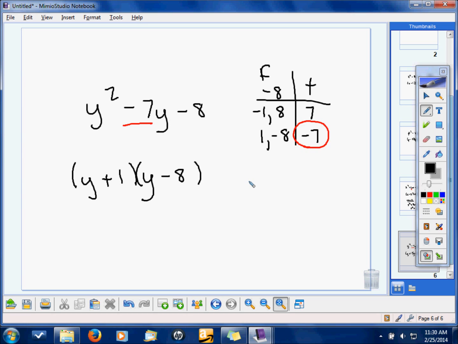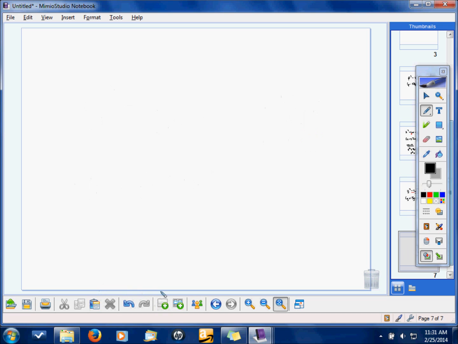We should take a look at what happens when you've got a variable and another variable to deal with. Like, for example, number 19. We have x squared plus 2xy plus y squared.